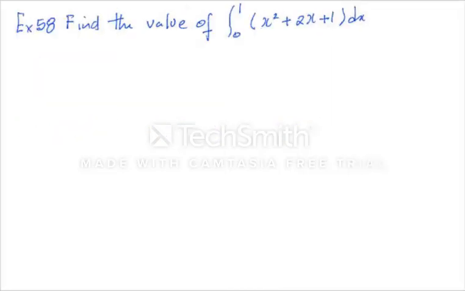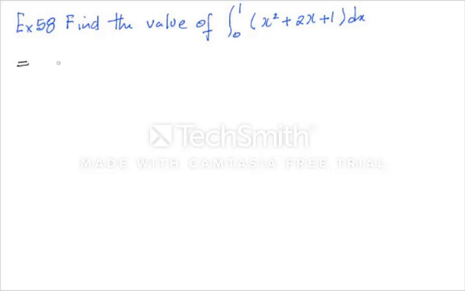All right, here's an example. Example 58. It says find the value of the integral, and we're going to integrate this function of x within the limits 0 to 1. So the first thing we do, let us integrate. This is a straight power integral.